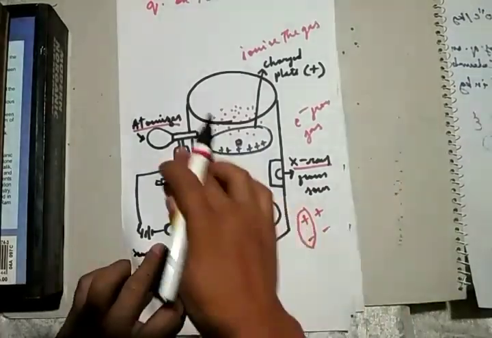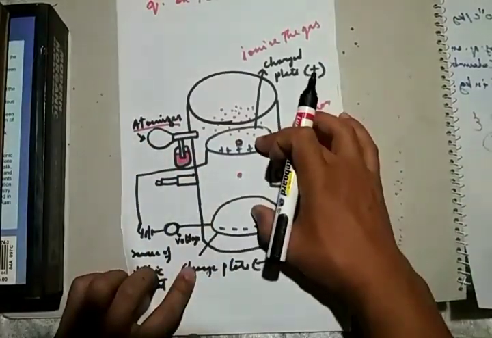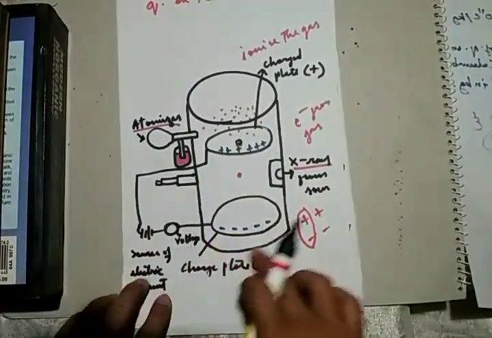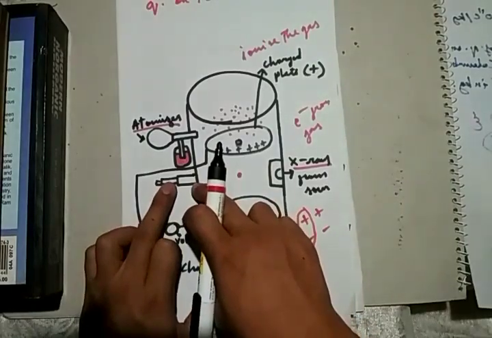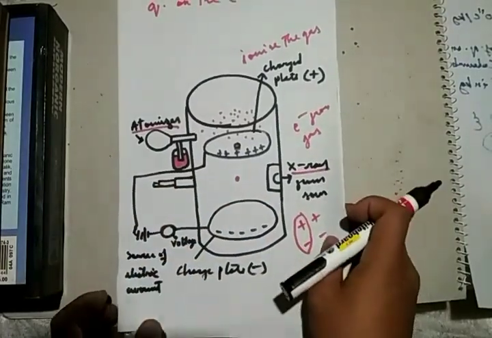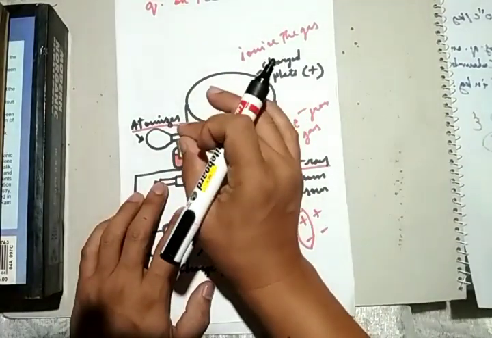It consists of an atomizer, X-ray, two metal plates, positive and negative, connected to a current source, and a telescope. So let us discuss it part by part.